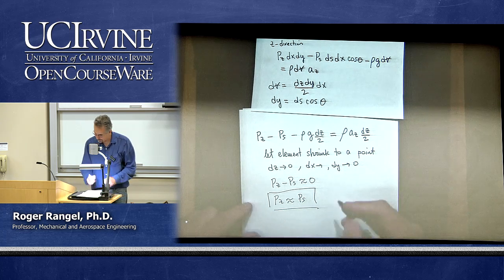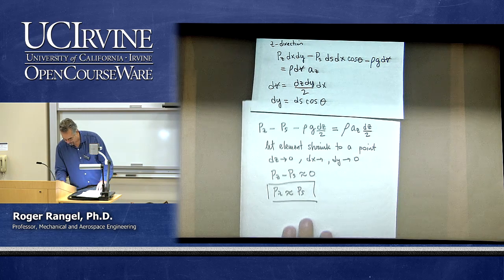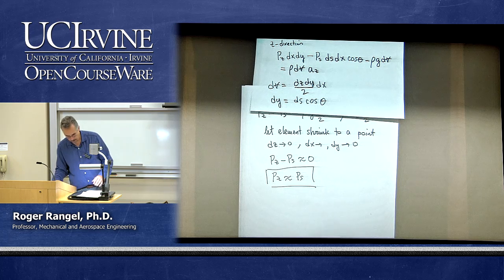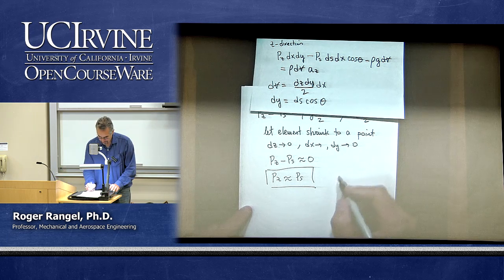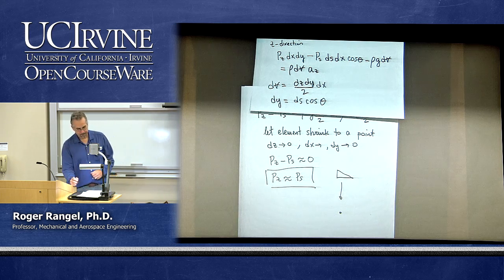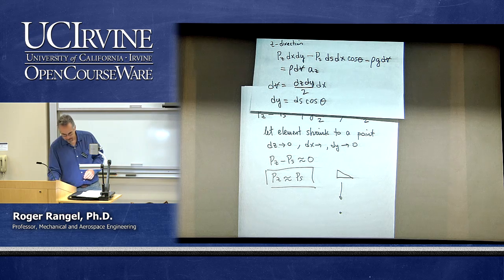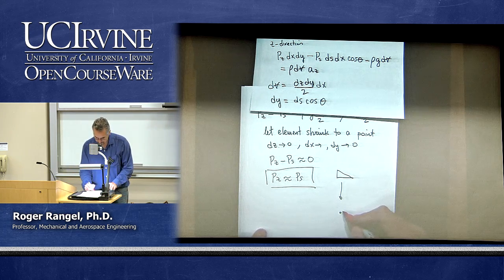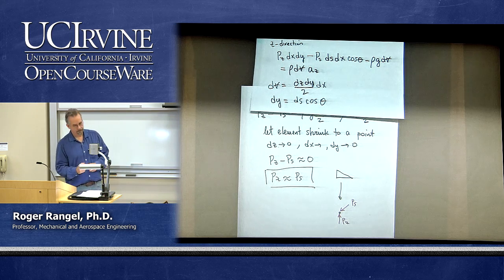That once I shrink this element to a point, let's draw the shrunk. So I went from a triangle to a point. Right? Once I have that point, if I draw my pressures again, so let's say that this is representative of the PS, and this is representative of the PZ, I find that they are the same.